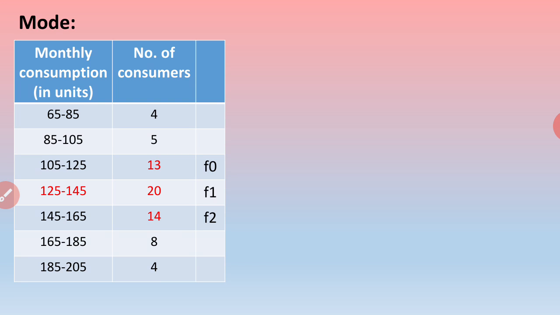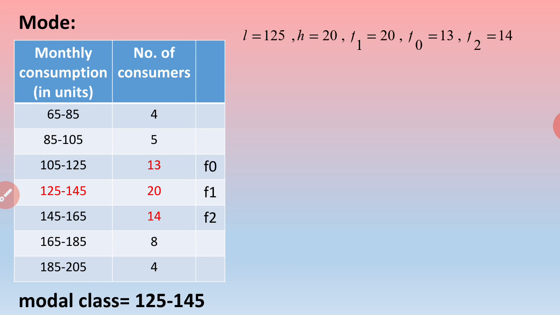Next, we are going to find out mode for the same data. For finding out the mode, you will start finding out the highest frequency. You will note down the modal class and all the details will be noted down. Here, F1 is 20, that is the highest frequency. Corresponding to it is the modal class 125 to 145.